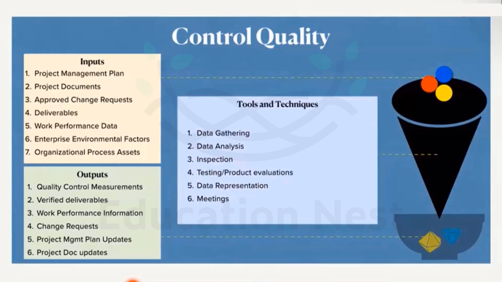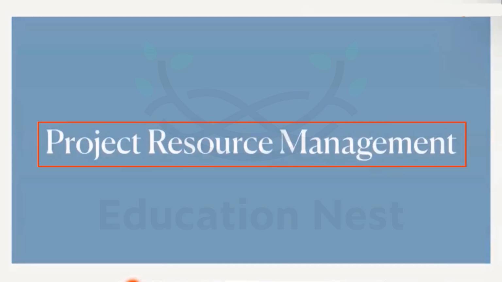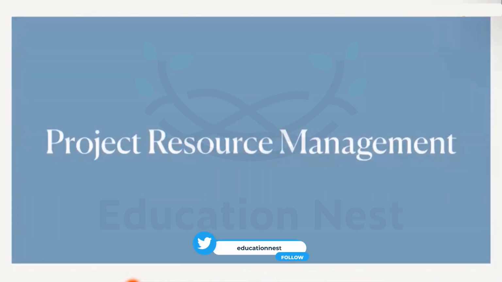Let's see what we have in project resource management. So we have ended another project management area. This is the next project knowledge area: project resource management. What is this? Earlier, before the 6th PMBOK guide, in the 5th and 4th, this used to be called human resource management. Starting from the 6th guide and also the 7th, it is called project resource management, not just human resource management. Why?